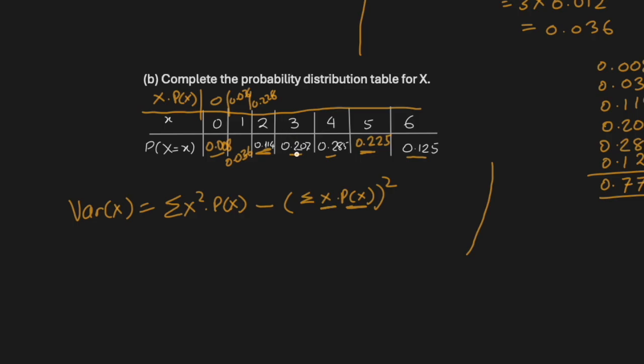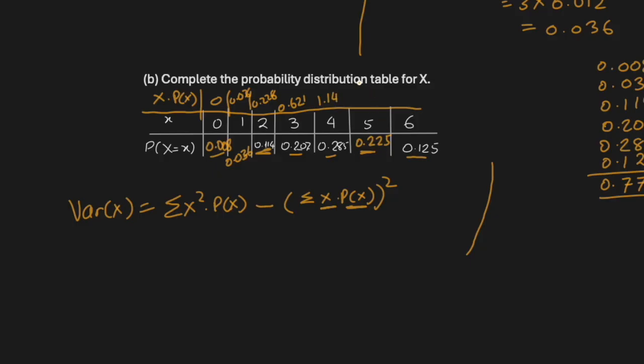Then 3 times 0.207 is 0.621. 4 times 0.285 is 1.14.